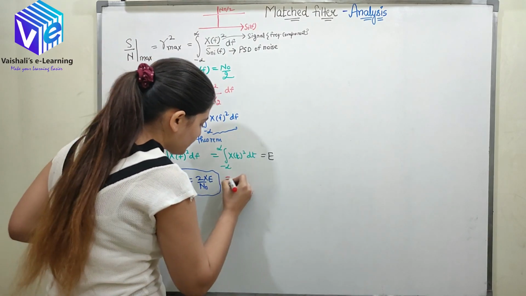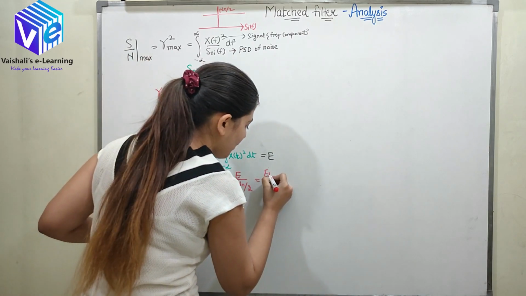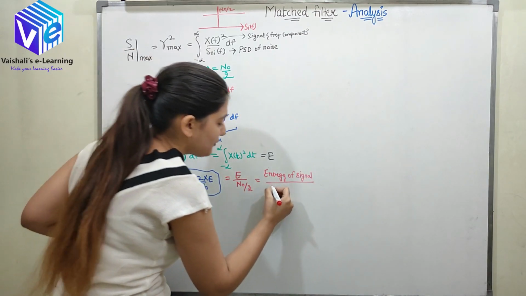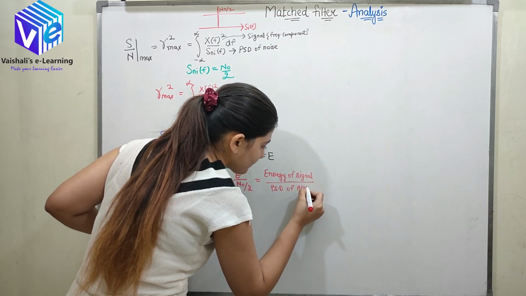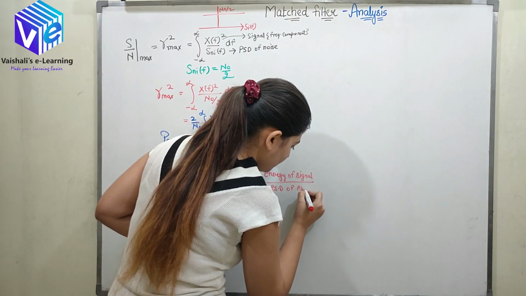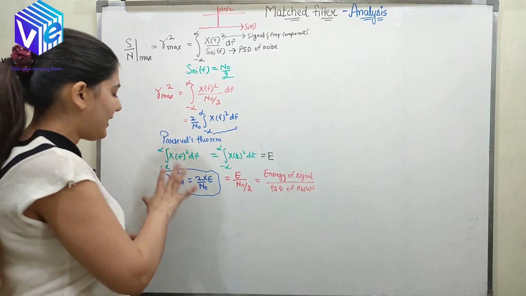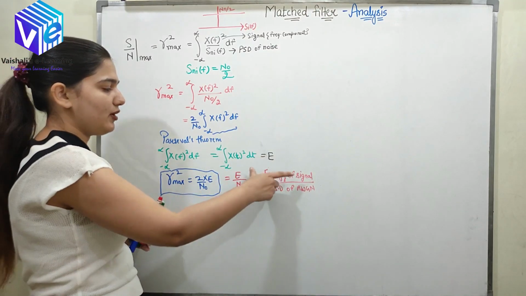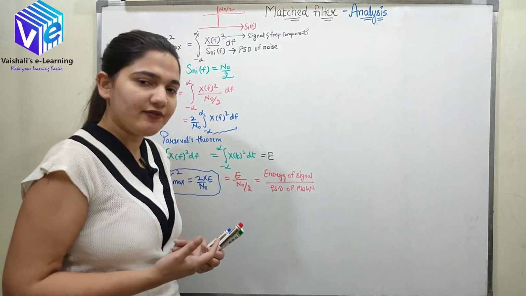So I can also write it as E upon N0 by 2, where E is the energy of the signal and N0 by 2 is the power spectral density of additive white Gaussian noise, AWGN. I hope now you can see how I analyzed the SNR. Now I can represent the SNR of the matched filter as the energy of the input signal upon the power spectral density of additive white Gaussian noise.